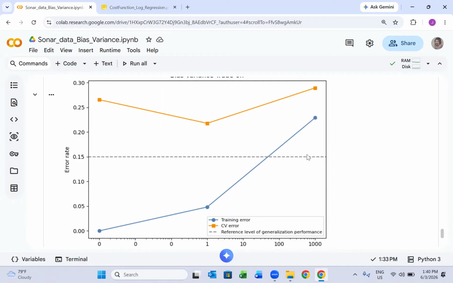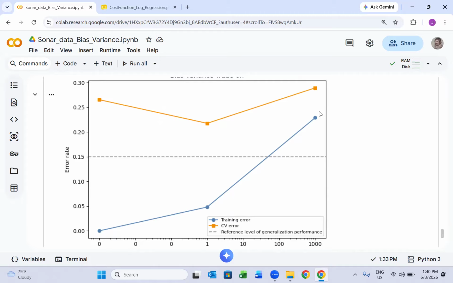So the first sign that we are in the presence of a high bias model is that the performance on both the training data and the validation data are worse than the reference performance. And that's what we are observing.